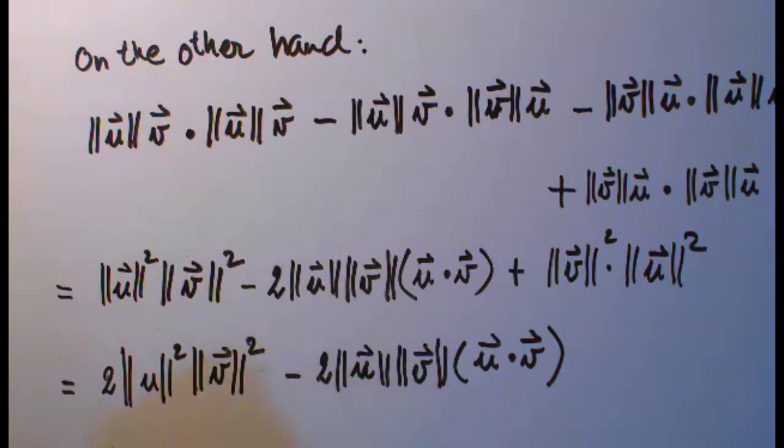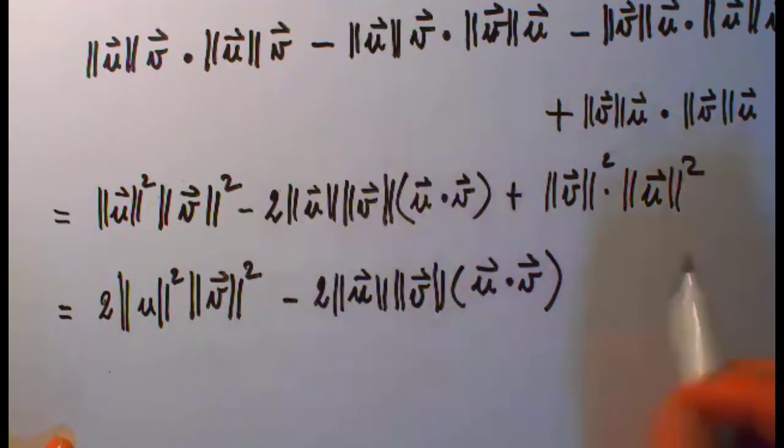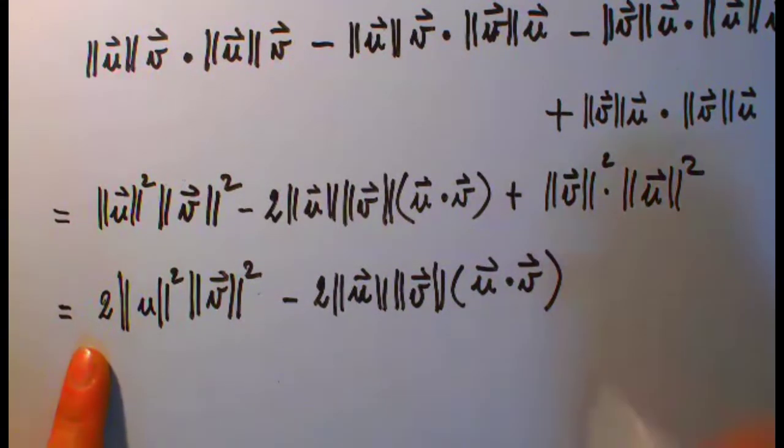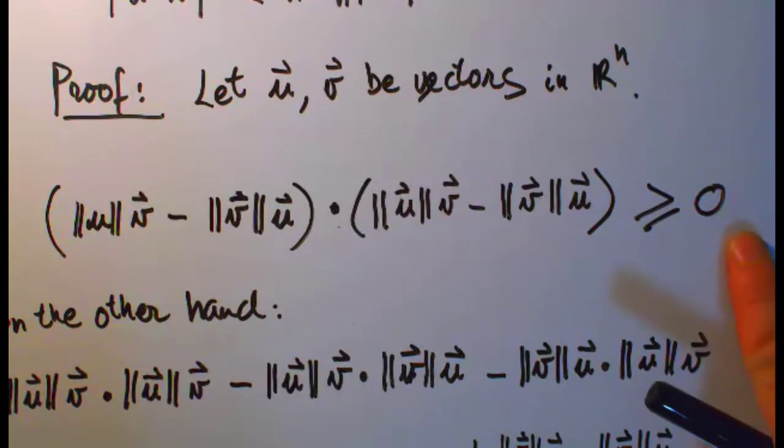And then at this step right here, we can see that all that we came down to is greater than or equal to 0, according to the very beginning step.